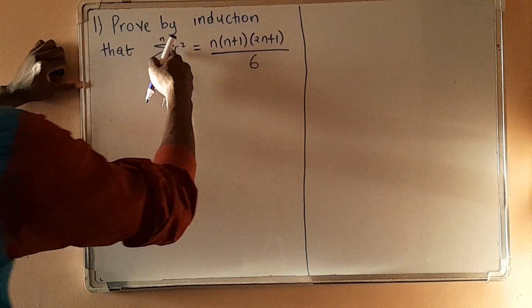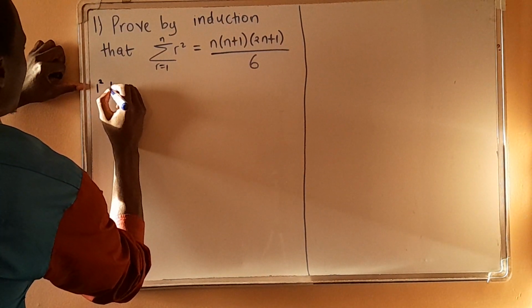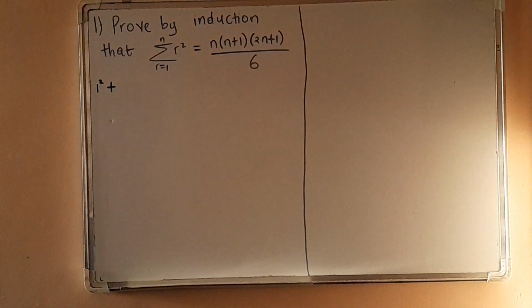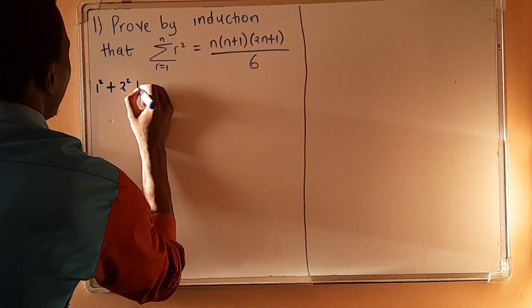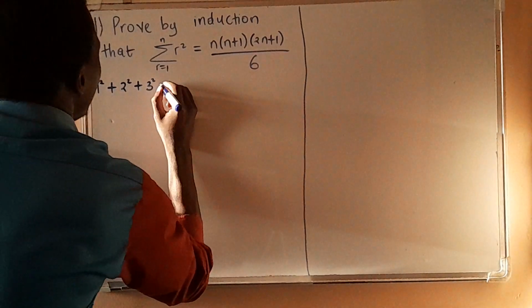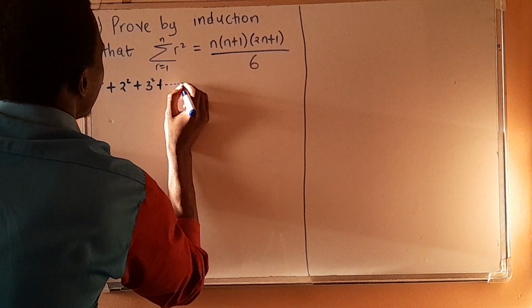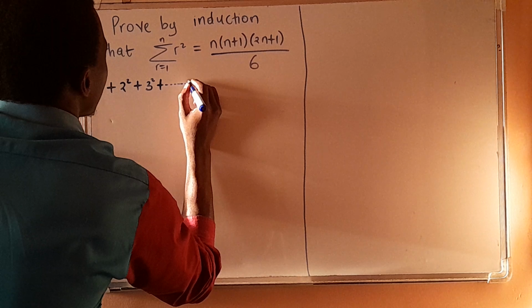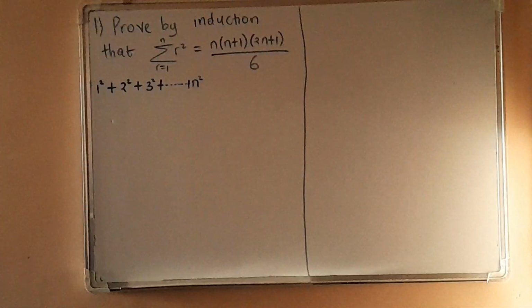If we substitute r equals 1, we shall get 1 squared, plus, substitute r equals 2, 2 squared, plus substitute r equals 3, 3 squared, plus up to r equals n.